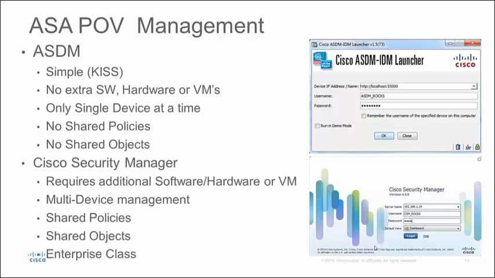Generally, you would lead with CSM in your POV when the customer desires to evaluate enterprise class management along with ASA features. In the near future, when ASA management is available in the Firesight Defense Center, you will also have the option of leading with it in POVs, which require enterprise class management.